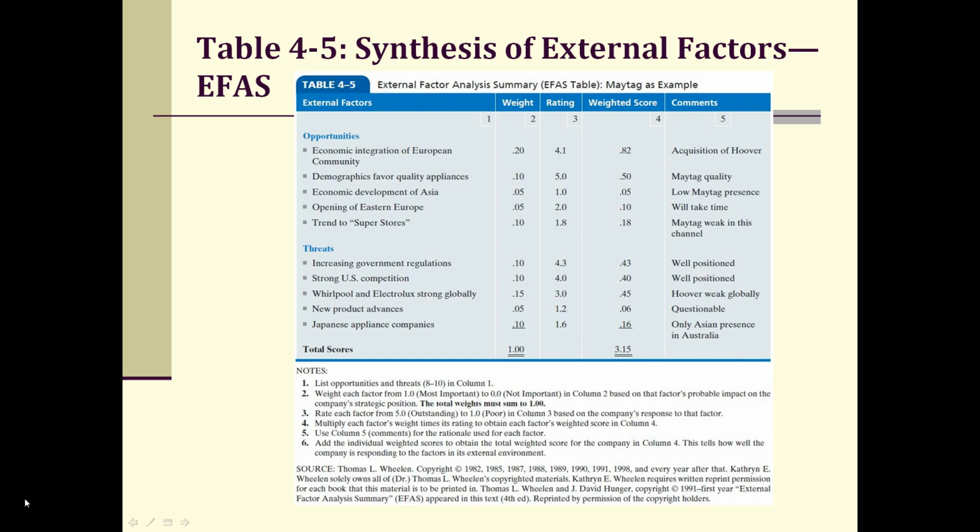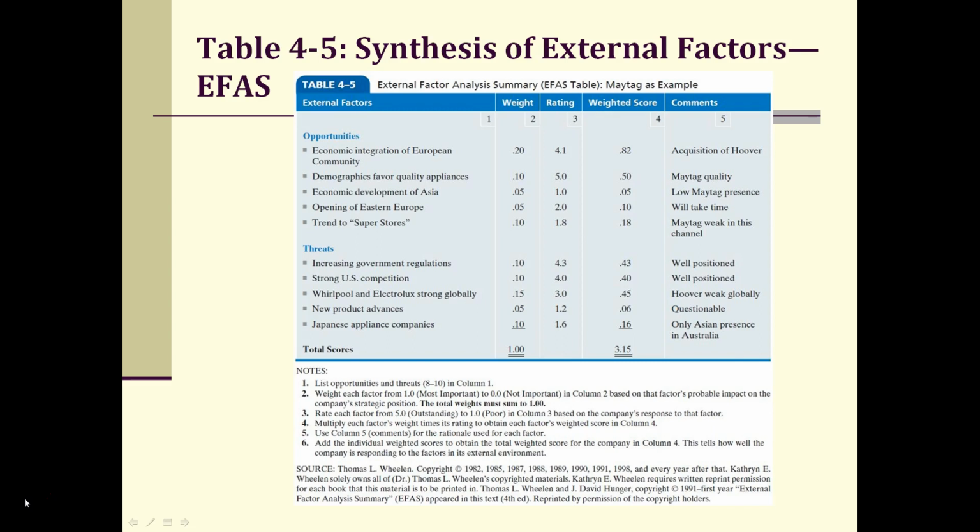So after strategic managers have scanned the natural, societal, and task environments and identified a number of likely external factors for their particular corporation, they may want to refine their analysis of these factors by using a form such as that given in table 4.5.